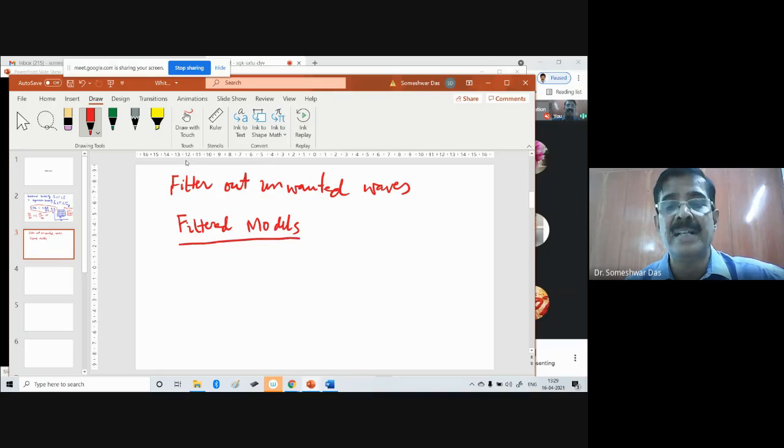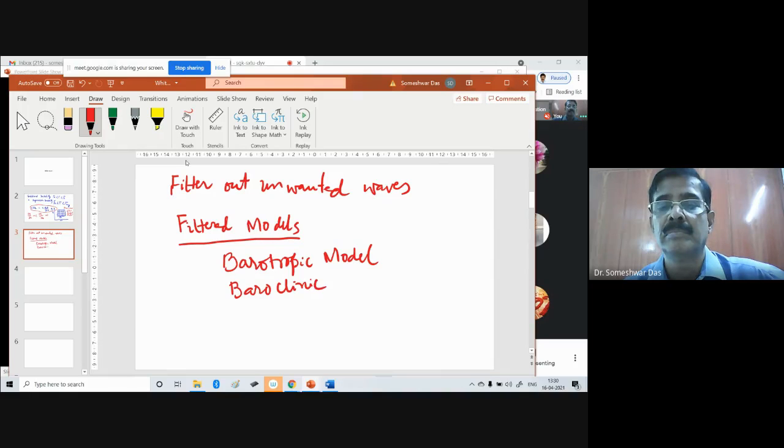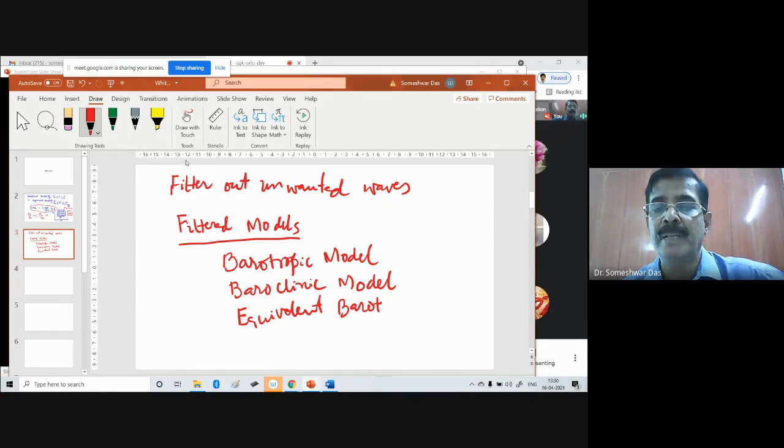And we'll study in detail later on in this subject some details about the filtered models like barotropic model, that is a filtered model, okay, or baroclinic model, okay, that is a filtered model, or equivalent barotropic model, not purely barotropic but equivalent barotropic model, okay, or sometimes we have quasi-geostrophic model, quasi-geostrophic model.